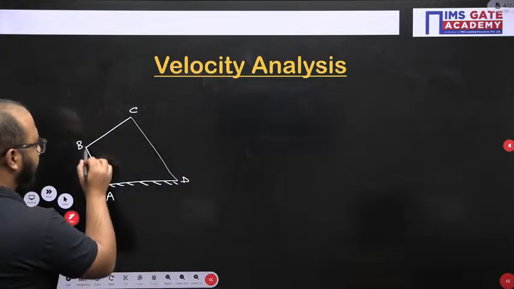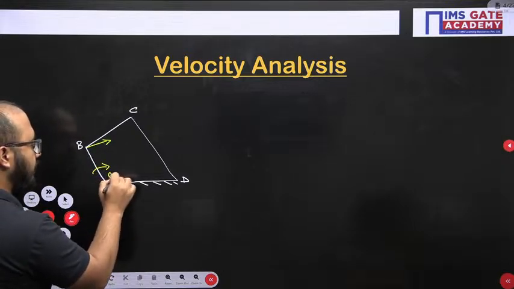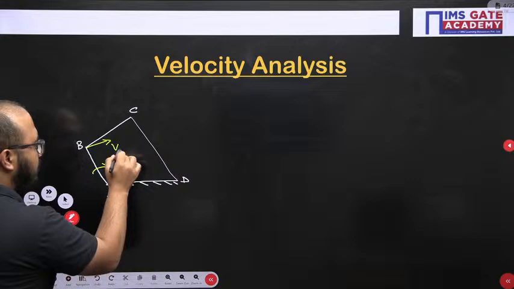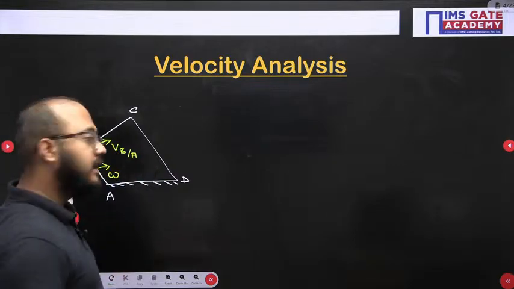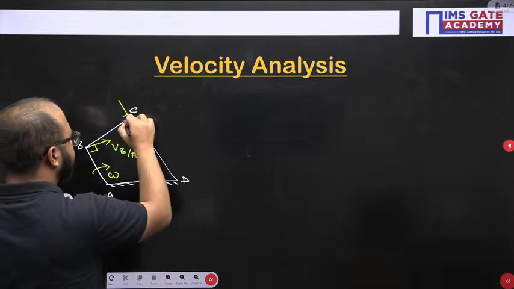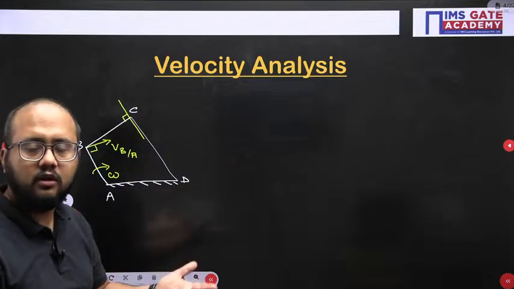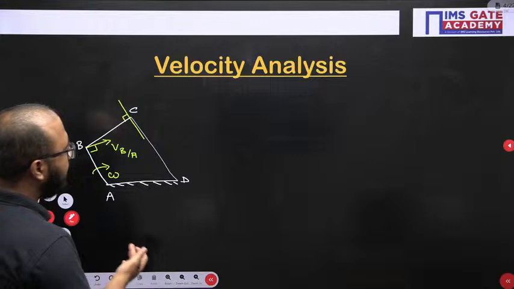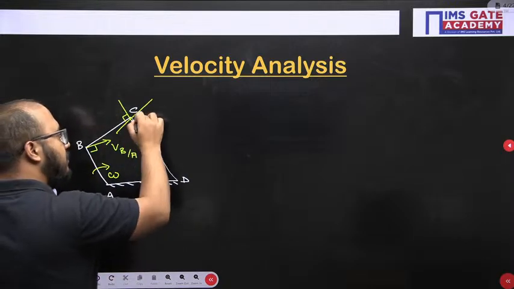Assuming AB is rotating clockwise, the velocity vector of B with respect to A will be perpendicular to link AB. In a similar way, the velocity of C with respect to B will be perpendicular to link BC. Similarly, the velocity vector of C with respect to D will be perpendicular to CD.